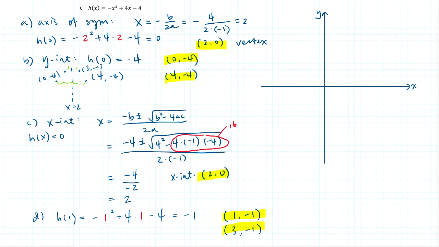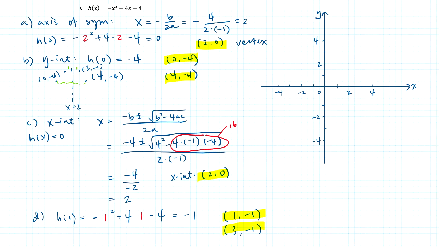And therefore, it would look like 1, 2, 3, 4, like this. I'm going to use the same scale on both the x and y axes. Lastly, on the negative side of the x-axis, we have negative 2 and negative 4.